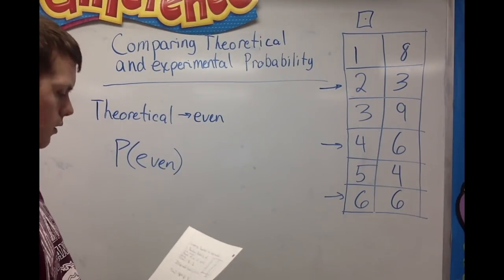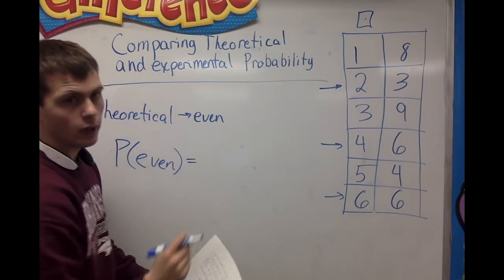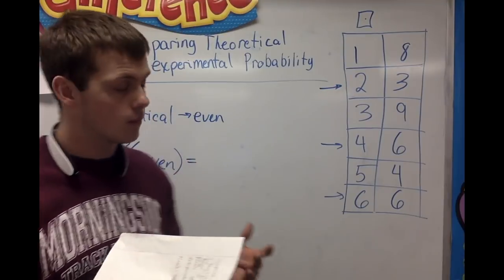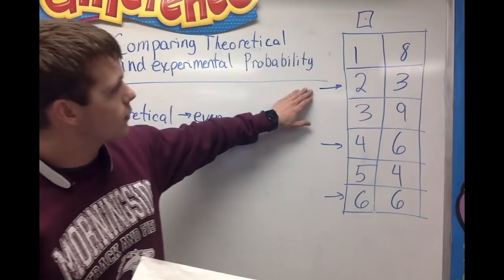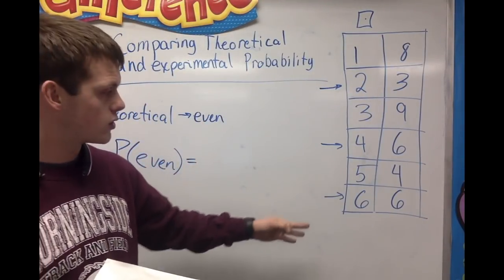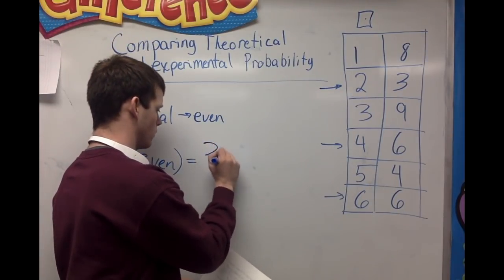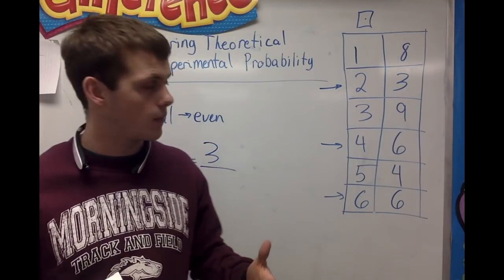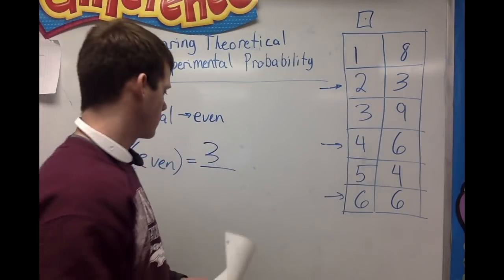The way we do that, if you remember right, is we put the favorable outcome. What are we looking for? Even numbers. So there's 3 even numbers over, how many possible outcomes are there? 6.